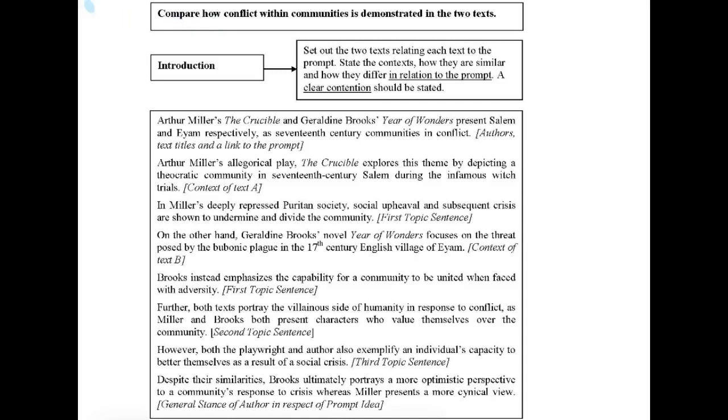Okay, so if we just remind ourselves first of all of the prompt that we were looking at: compare how conflict within communities is demonstrated in the two texts, was the one example that we had.